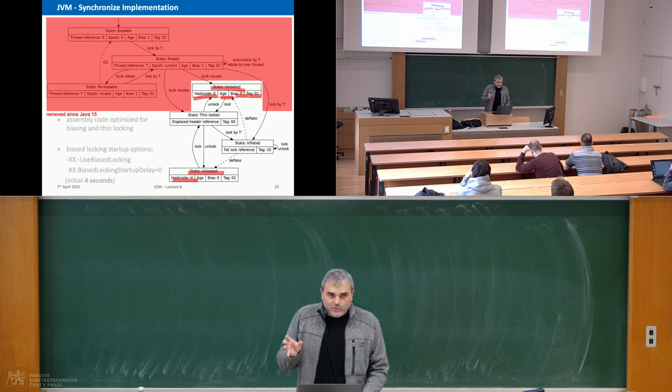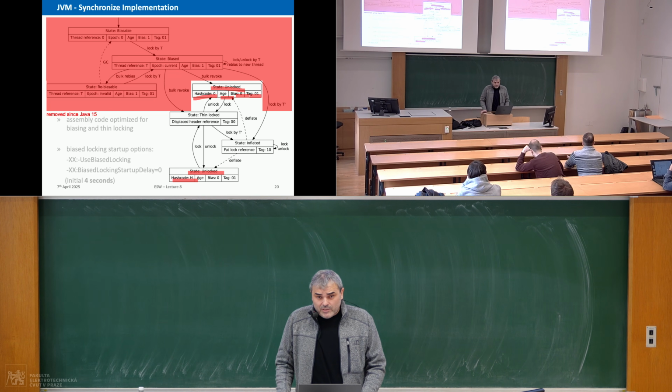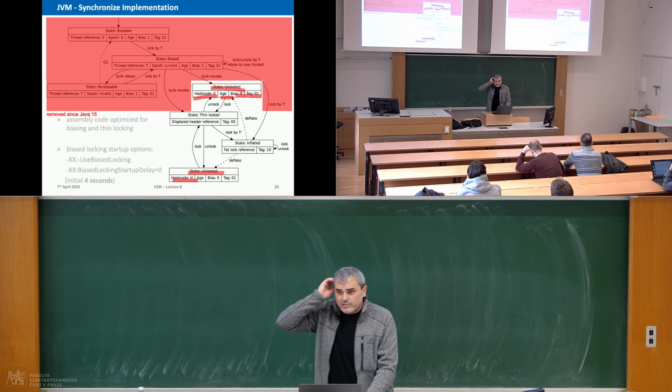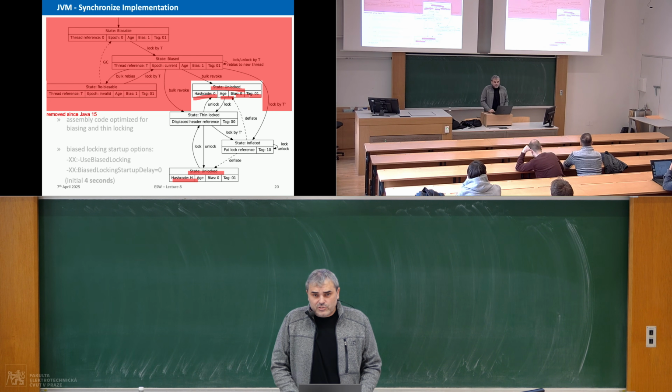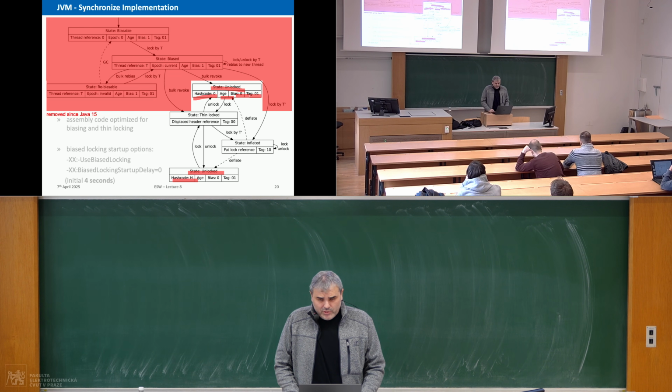So if you relocate the object and you are not storing the previous hash code, the hash value will change. And then the equals contract, and all operations on hash sets, hash maps, etc., will be broken. So in order to preserve the previous hash code, the Java Virtual Machine is storing that hash code inside the mark word.